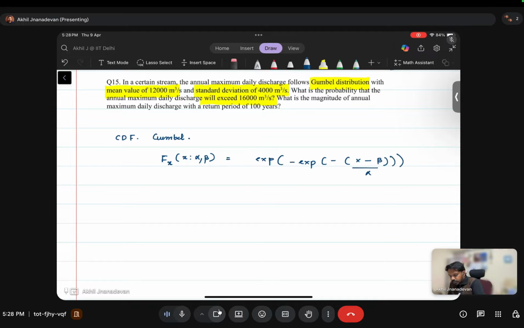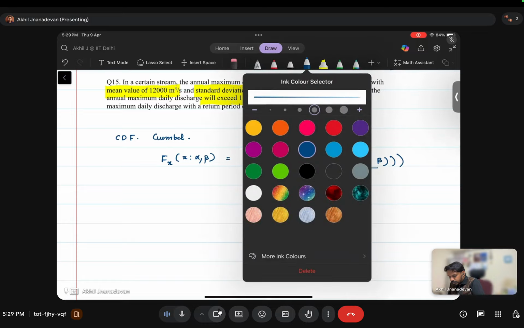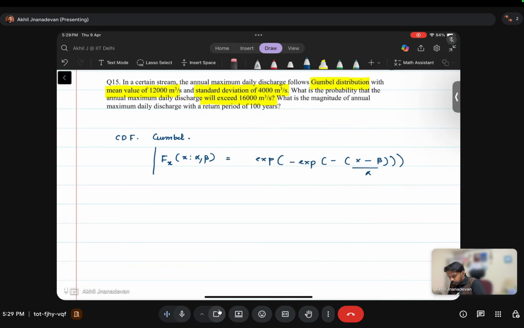This is how the CDF of the Gumbel distribution is defined.